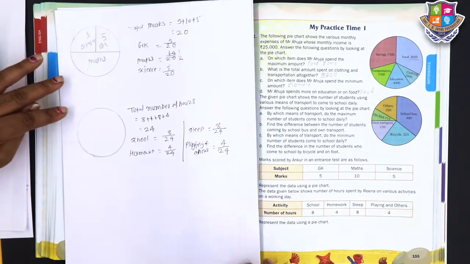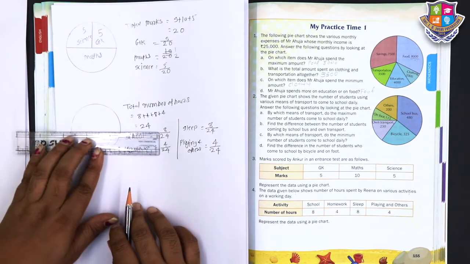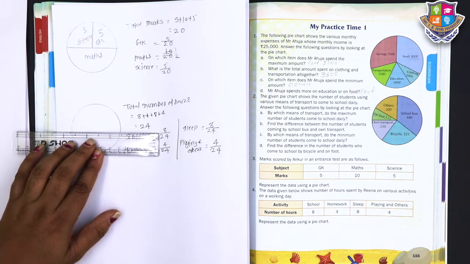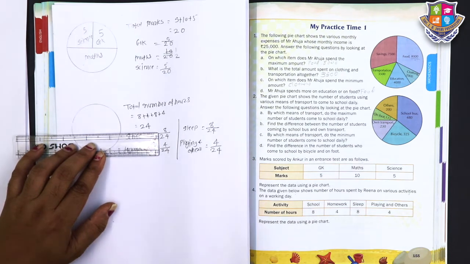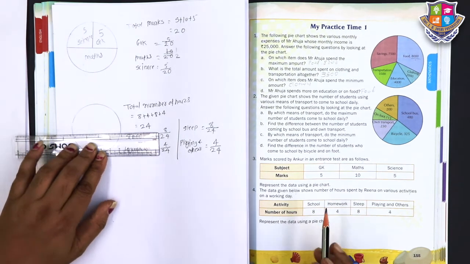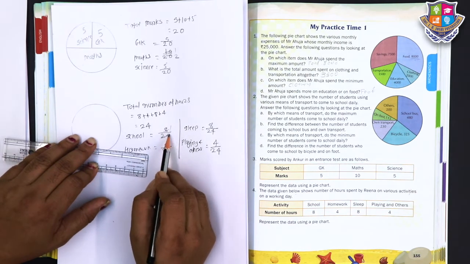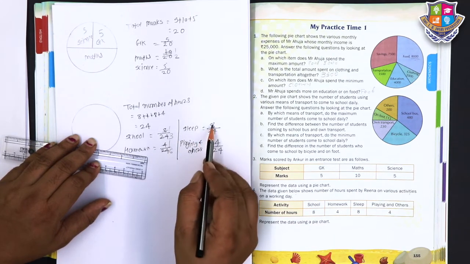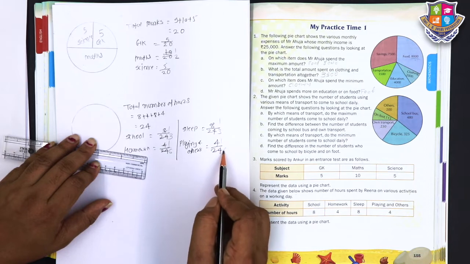Okay, so from this you have to find out the, so for that, you just have to divide 24 by the school hours 8, means 8 threes are 24, then 4 sixes are 24, so 1 upon 3 and again 1 upon 6.